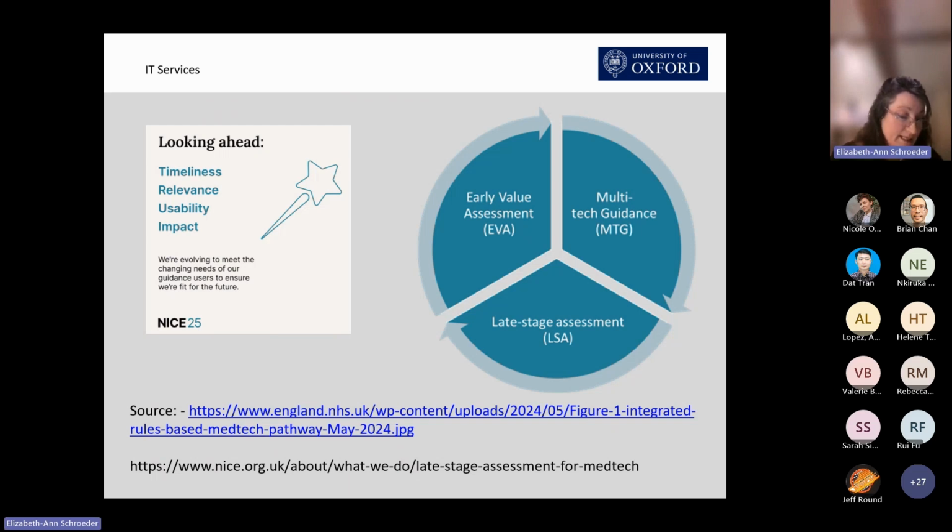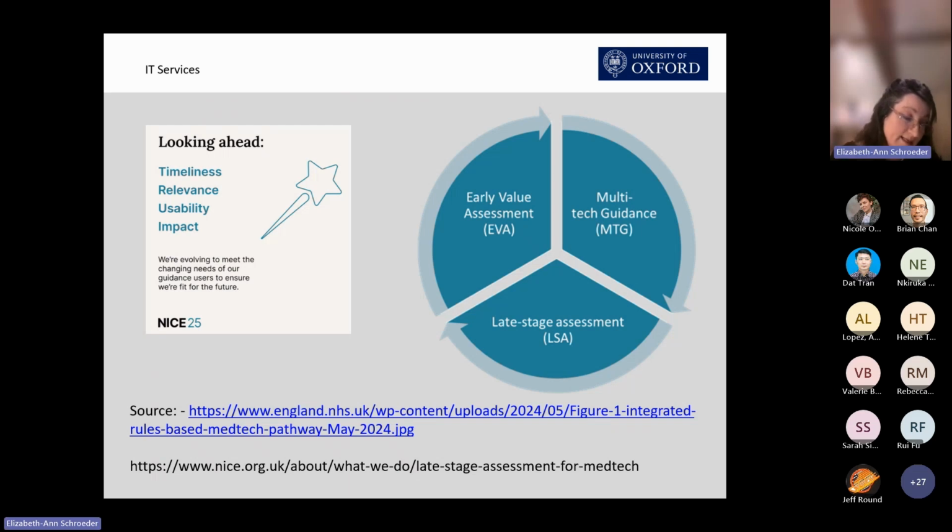As part of this progression, it has introduced a categorization to appraise DHIs throughout their product life cycle and to accommodate for varying levels of decision uncertainty based on national priorities. So their early value assessment guidance looks at processes for emerging health tech, considering technologies which address national unmet need, rapidly assessing products early in the life cycle that need further evidence to support wider adoption.